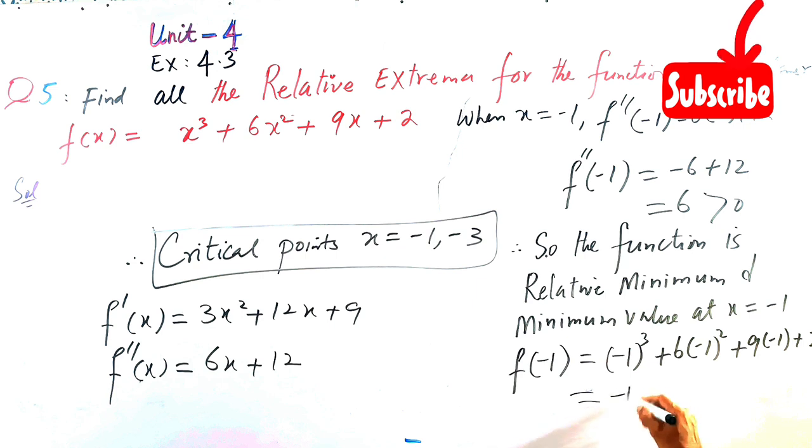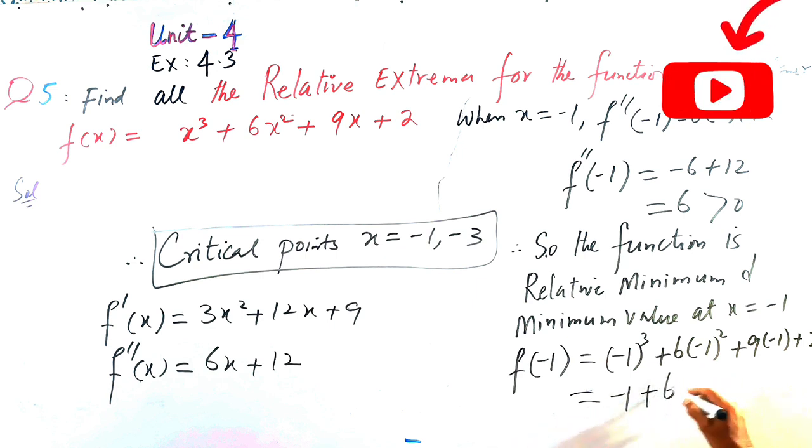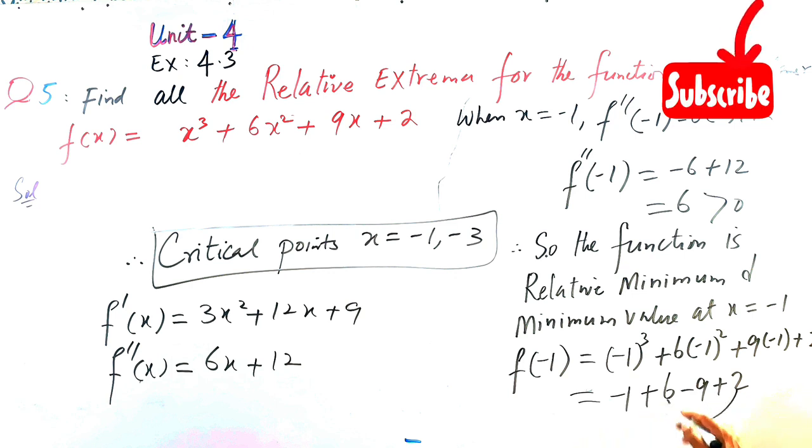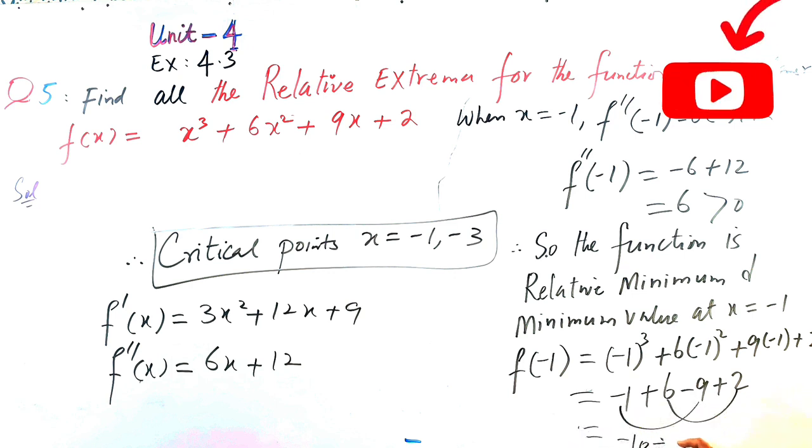So we get minus 1 plus 6 minus 9 plus 2. If we add these, the negatives give minus 10 plus 8, so we get minus 2.